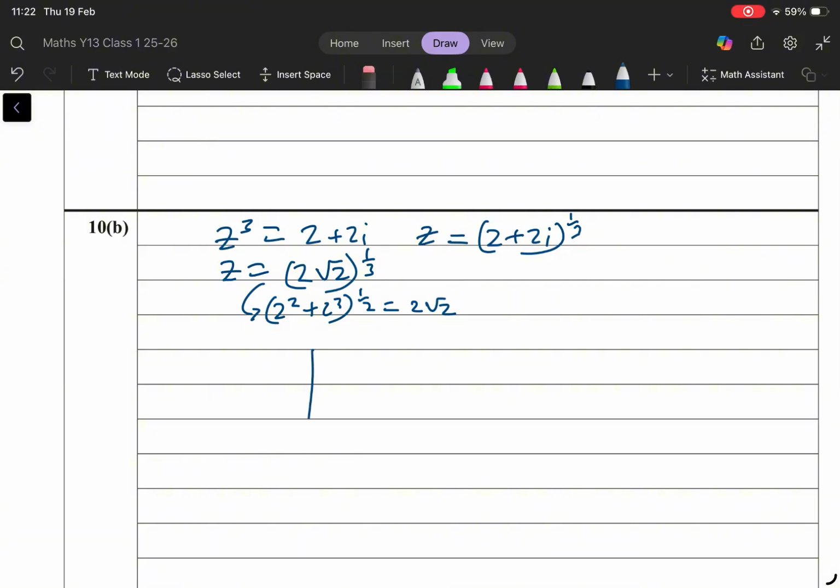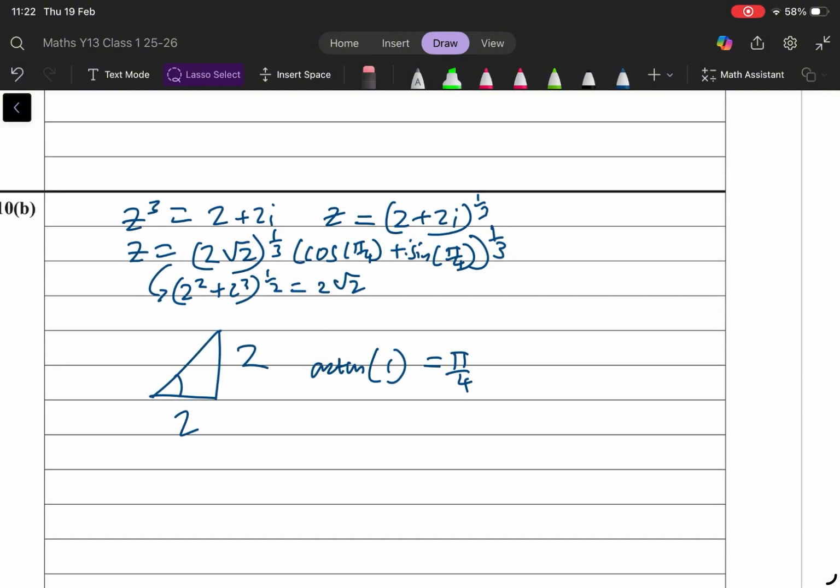And then let's also draw a triangle here, just so we make sure we get the detailed reason marks. 2, 2. This will be arctan of 1, which is equal to pi over 4. So it's going to be root 2, cos pi over 4 plus i sine pi over 4 to the 1/3.